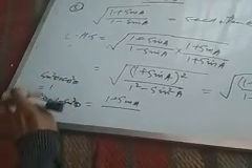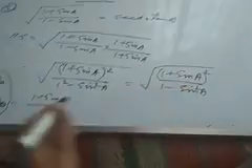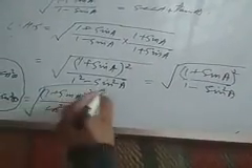This is how we can derive the value of cos square theta from this identity. Use it here: instead of theta we have A, so 1 minus sin square A equals cos square A. So I will write 1 plus sin A whole square divided by cos square A.